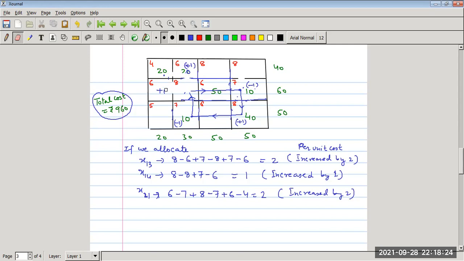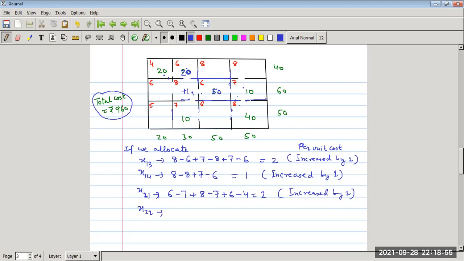So now we have to check. Now we have to check this point. If we allocate item in this point, x22, what happened?